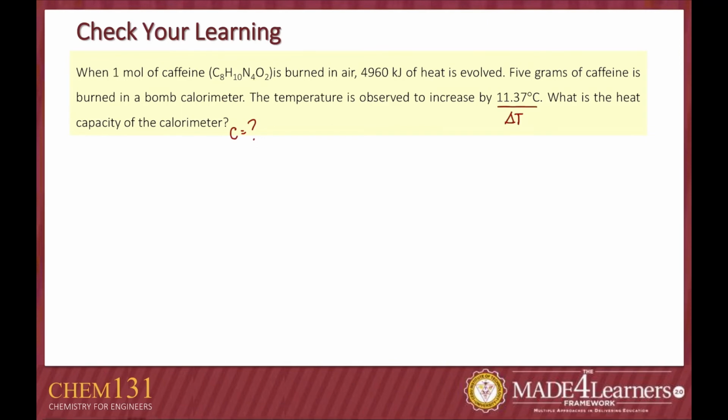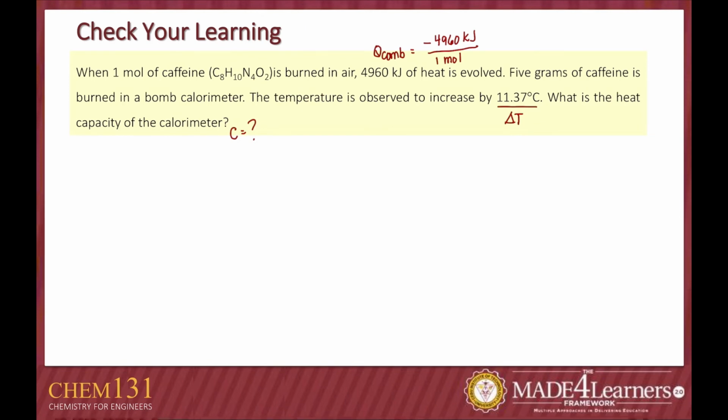And we are given here the heat of combustion. So, Q combustion of the caffeine, no? So, that's negative 4,960 kilojoules per 1 mole of caffeine burned. So we put a negative sign because it is evolved.